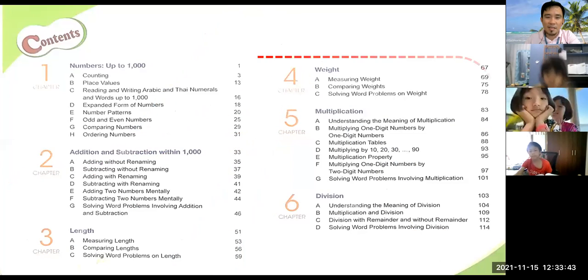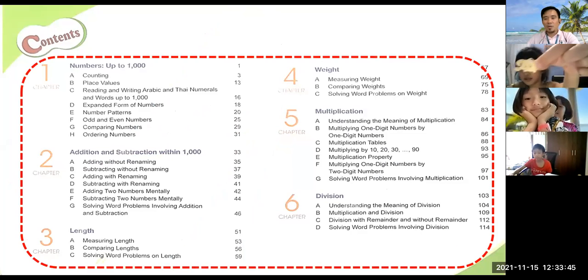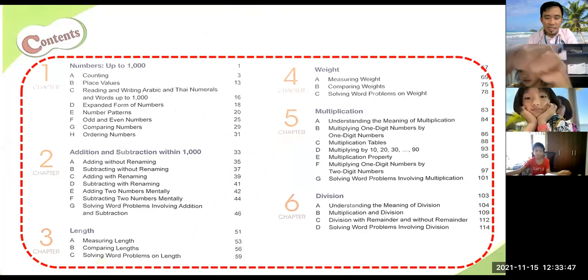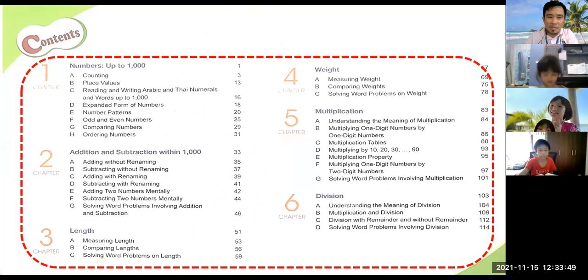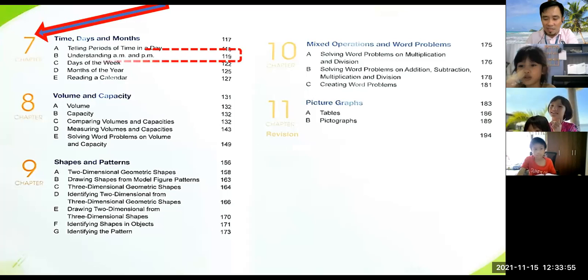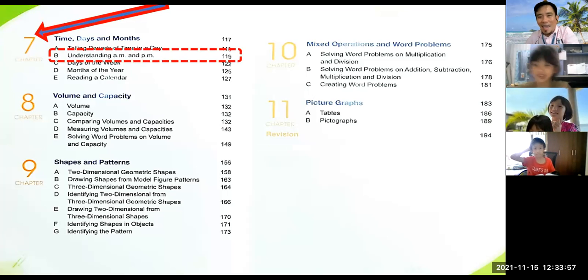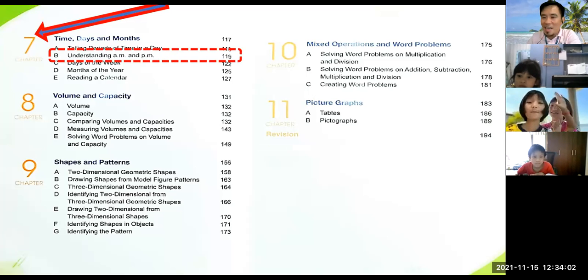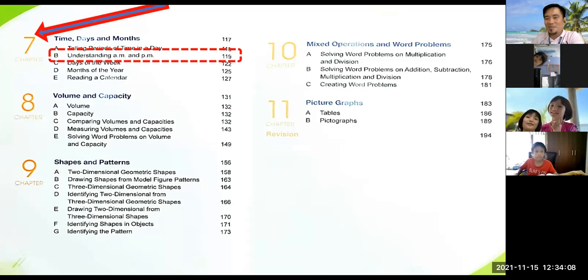As I said, every time we have our class, I'm always reminding you that we have done these chapters or these topics. So now we are here in chapter 7, time, days, and months. And we will focus on understanding AM and PM. What is AM and what is PM? Most of you know what AM and PM are.